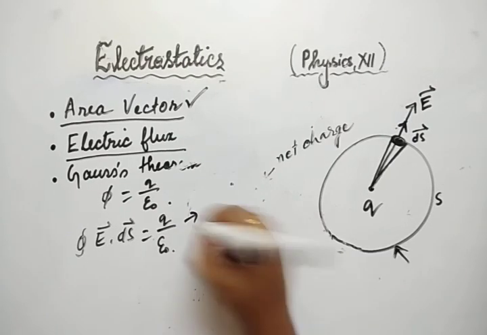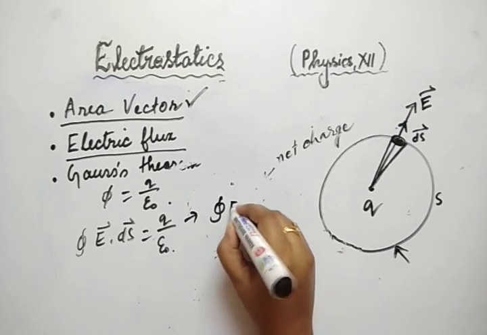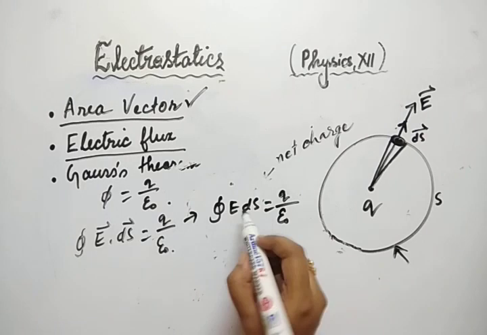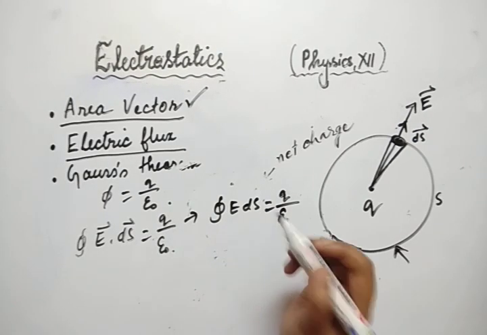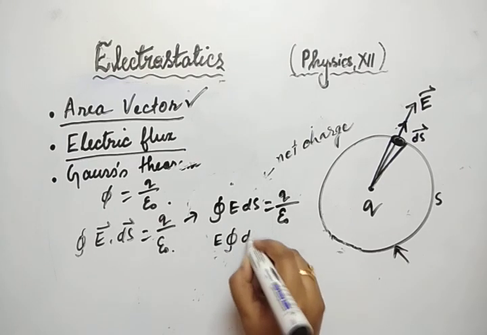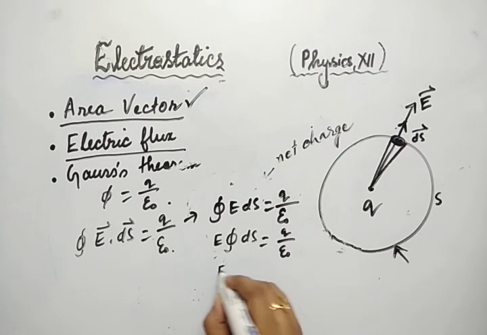If we had to find it for this particular case, we can easily find E ds equals q by epsilon naught, since in this case theta equals 0 degrees. So E comes out of the integral, leaving the integral of ds.